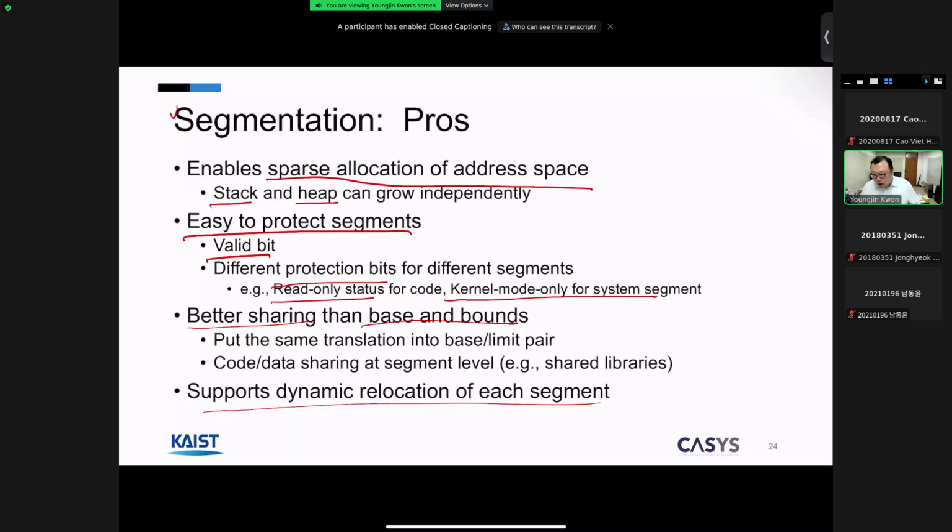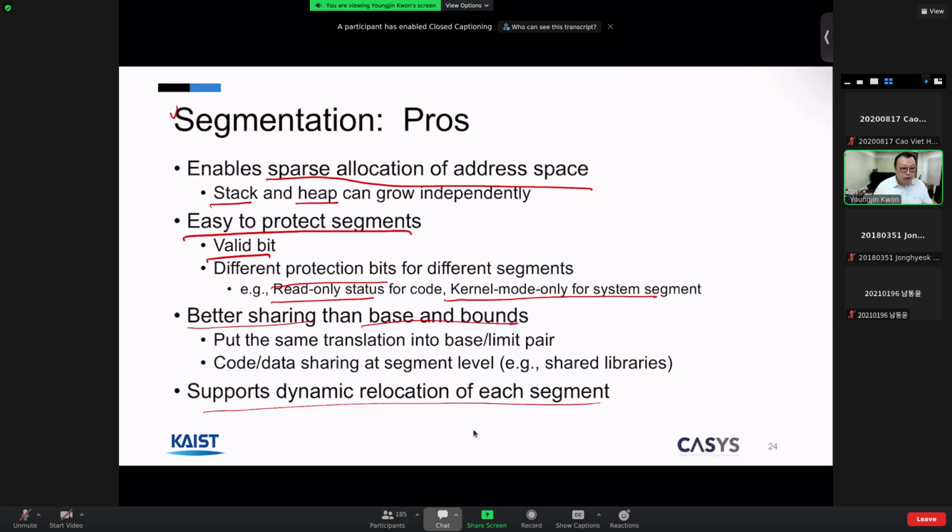All right. There are several questions about segmentation, but before that, I want to announce the Pintos quiz.